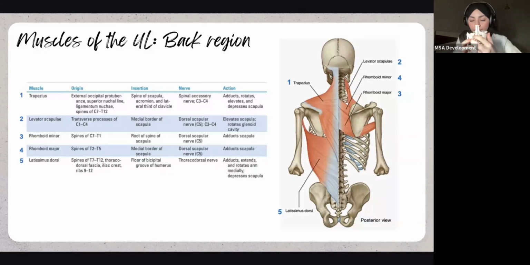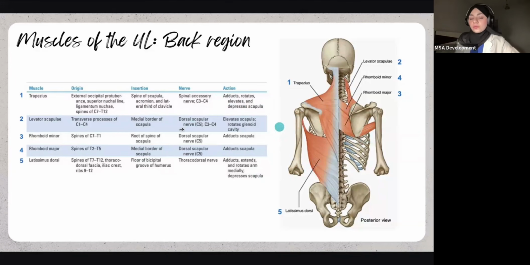So I have the origin, and then I'm moving the insertion towards the origin. So it kind of adducts, right? So it adducts and rotates and elevates and depresses the scapula. But the most important one is adduct.